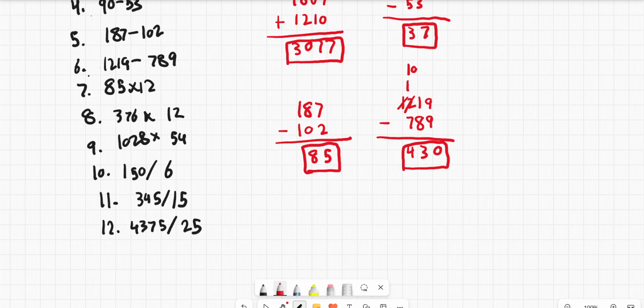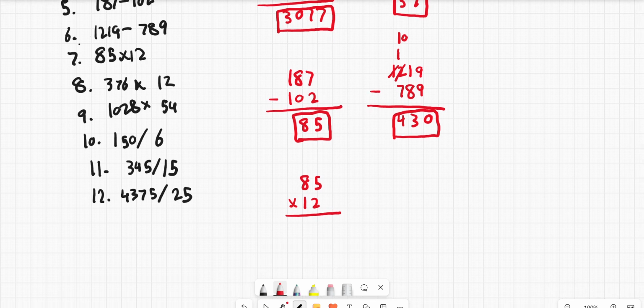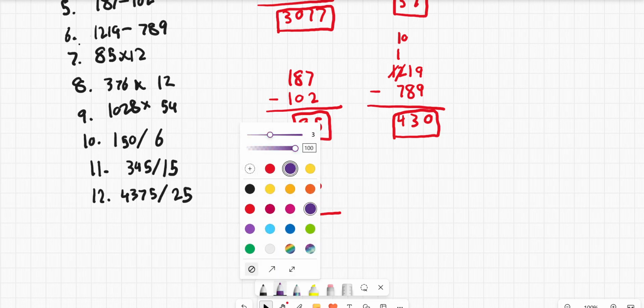Now we're moving on to multiplication for today. 85 times 12. We format it the same way. But here's the trick with this. The process is that we still go from the right to the left, but what we need to do is, let's color code it. Here, right.